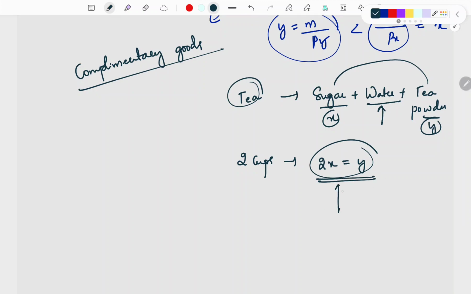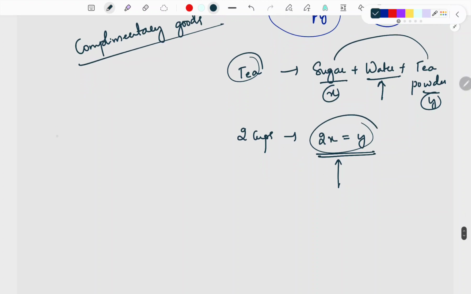This itself is a complementary good, because you can't use one product without using the other product in order to get the final product. Complementary goods are represented with a min function. Min means minimum.